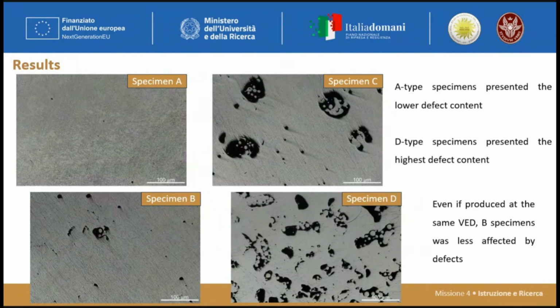From a statistical point of view, I can say that this is the best case and this is the worst case. Finally, for specimen D, we can observe a lot of defects: lack of fusion, unmelted particles, gas pores. And lack of fusion is very dangerous as a defect because it is a sort of pre-crack. And if you have a lot of these pre-cracks inside the material, you can break the specimen very, very easily.